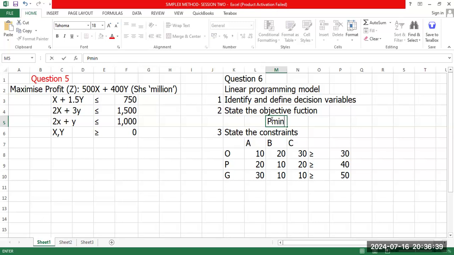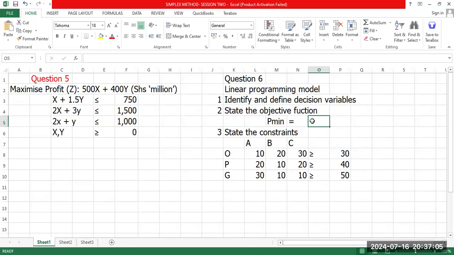You can use any letter, you can use K, you can use Z, but this word matters. So for this question, it is to minimize costs.